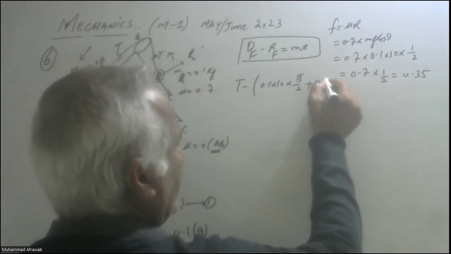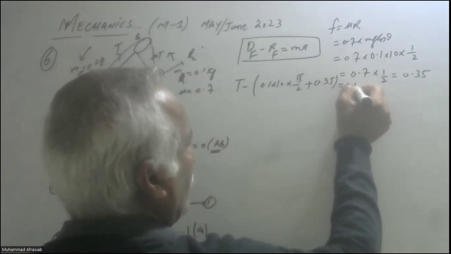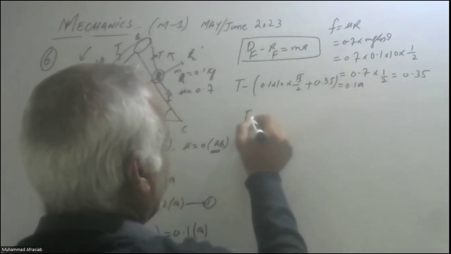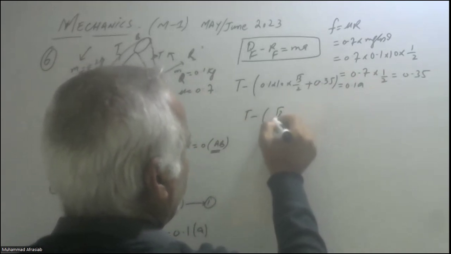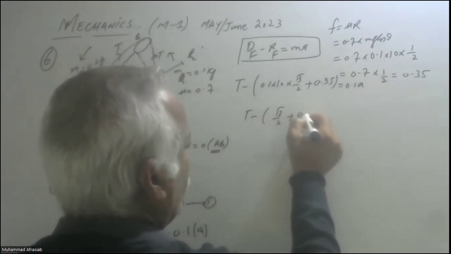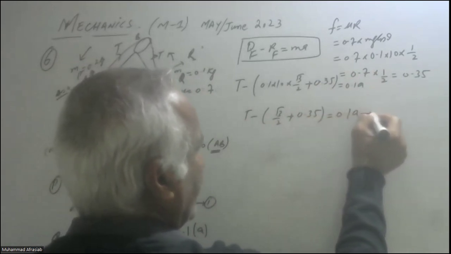So plus 0.35 is equal to 0.1a. Or in other words, tension minus 1 into root 3, that is root 3 over 2, plus 0.35 is equal to 0.1a.